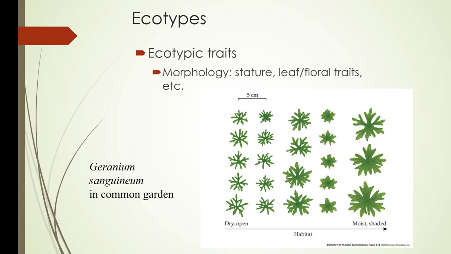Ecotypic traits include morphology, which is just the way plants look, and that's stature, leaf, floral traits, etc. And this is Geranium sanguineum in a common garden. You can see the traits in a dry open space, the leaves are quite a bit sparser, and on the right, moist shaded, plenty of surface area.